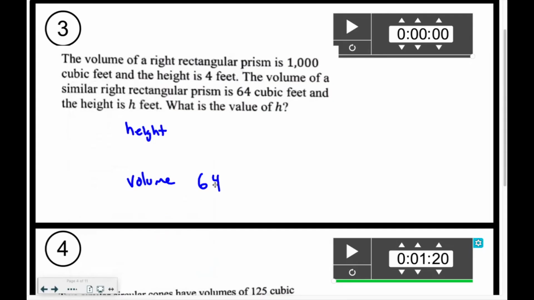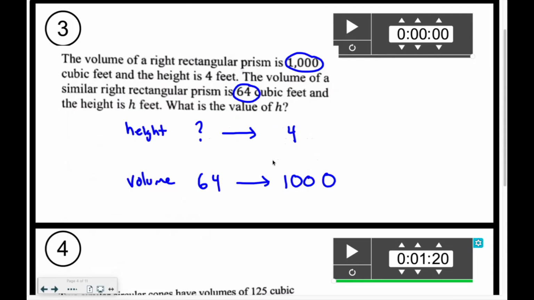I like to work smaller to bigger so that I don't have to deal with numbers less than 1. We can do it at any order we want. So the volume goes from 64 to 1,000. And the height goes from unknown, put a little question mark there, to 4. Because the one with a volume of 1,000 has a height of 4.